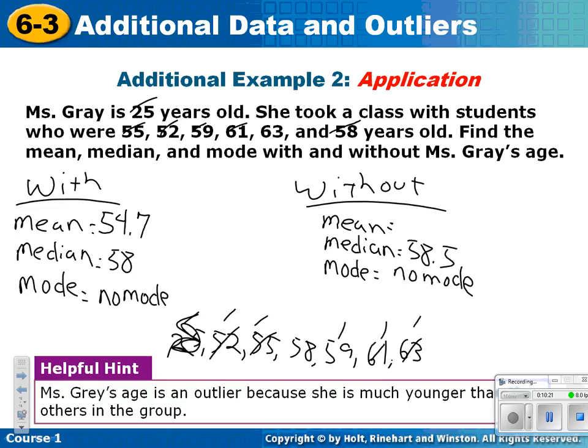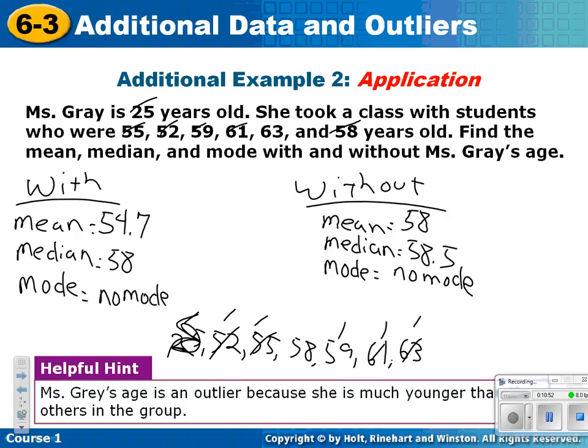Did you figure out the mean yet? $58. Okay, now, this is the kind of thing you're going to have to do in your homework. You're going to have to figure out with the young one or with the outlier, and you're going to have to figure out without the outlier. Now, notice something. I want you to take a look at this.